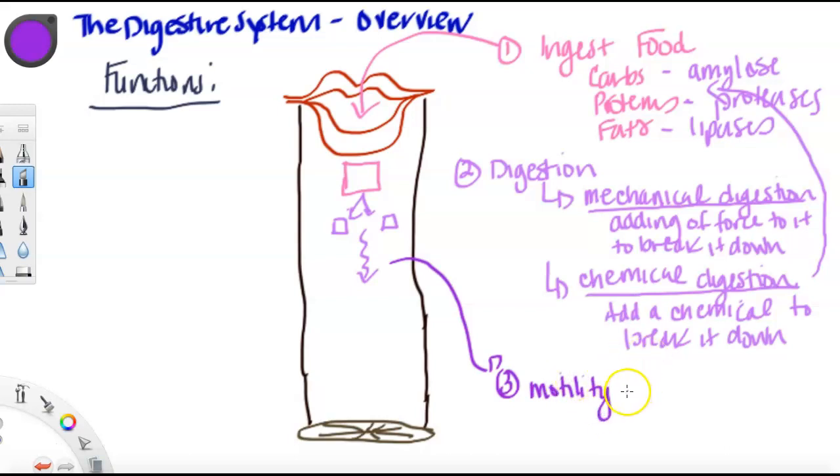Okay, so the foodstuffs have to be moved along the tube. So we've got special smooth muscle that helps to squeeze that stuff all the way through this tube along its way. And along its way, certain things happen to it. It gets digested, and then eventually we end up in places like the stomach and the small intestine.